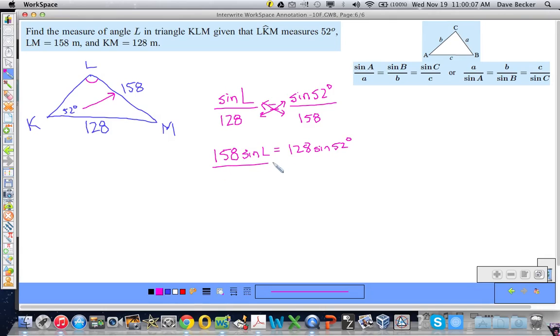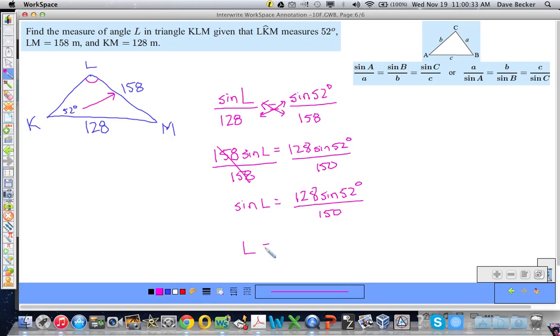I'm going to divide both sides by 158, and that cancels out. So then I get sine L equals 128 times the sine of 52 degrees divided by 158. And I'm looking for angle L, so I have to use arc sine.